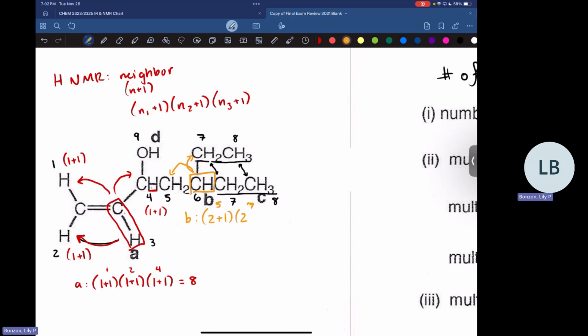And then you'll notice that we have 2 signals labeled as 7. So we have a CH2 up top, CH2 to the right. Because those signals are going to be the same, we're going to add the hydrogens together. So we're going to get 2 + 2 and then again +1. So this is going to give us 3 times 5, which would give us 15.